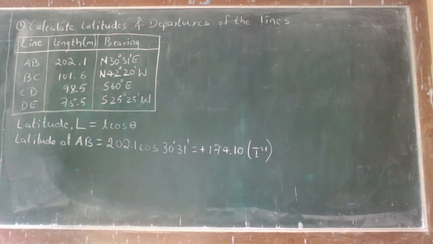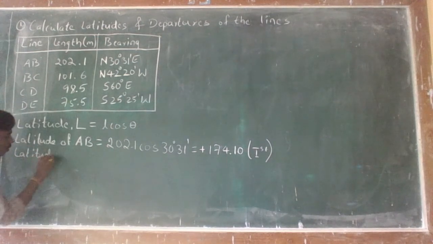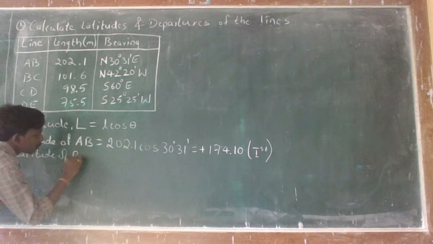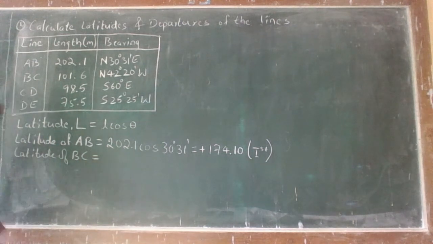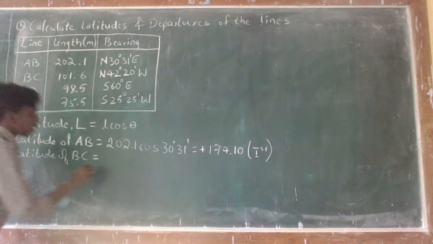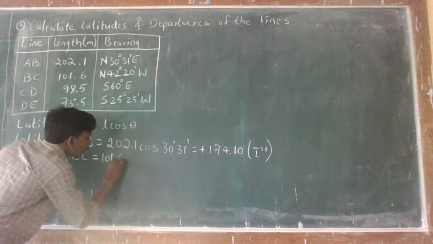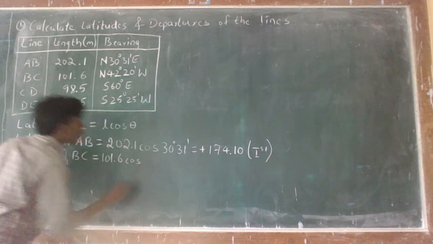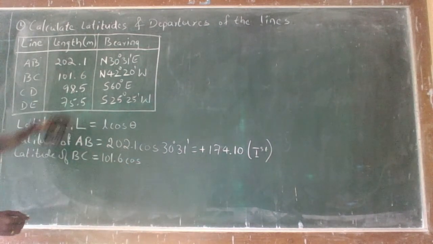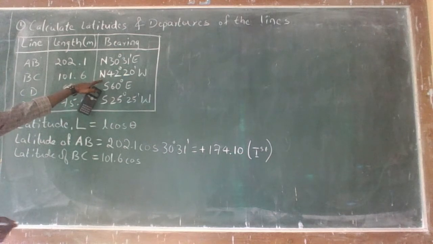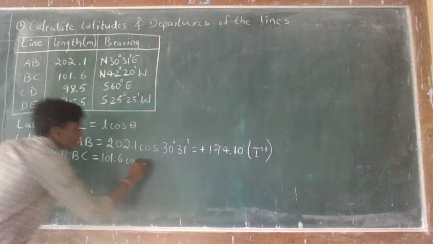And let's calculate the latitude of BC. Now the length of BC is 101.6. 101.6 cos theta. Theta means the bearing of BC. The bearing of BC is 42 degrees 20 minutes.